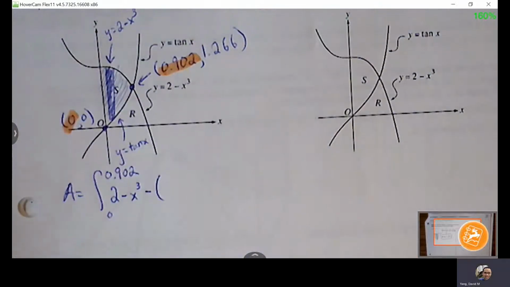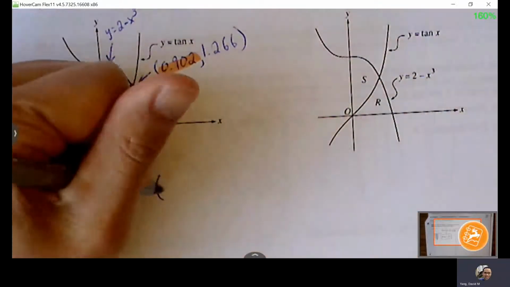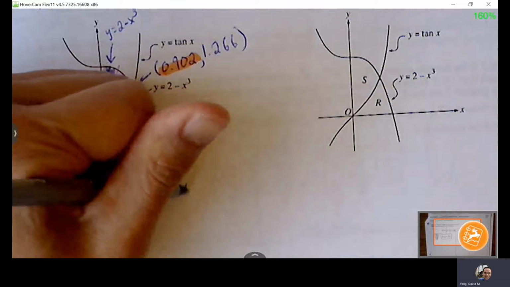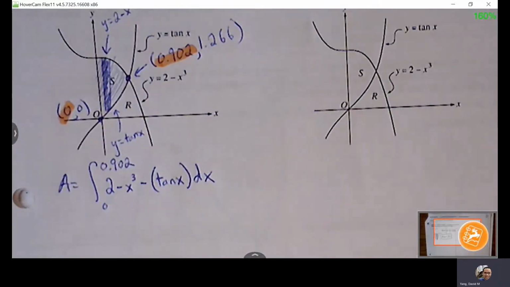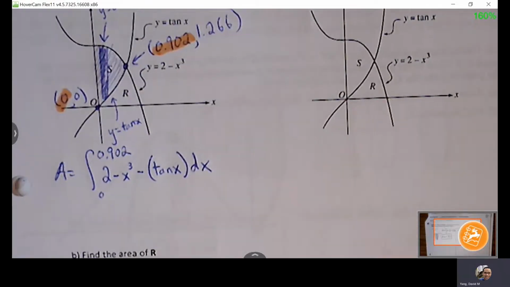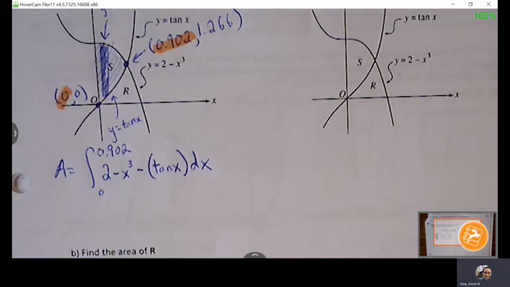Okay. Again, I like to protect my bottom function with a set of parentheses. In this case, it's not really going to matter, but I just want us to build that habit of always thinking, oh, I got to worry about that negative sign that may influence everything that comes after it. Okay, the rest into your calculator.